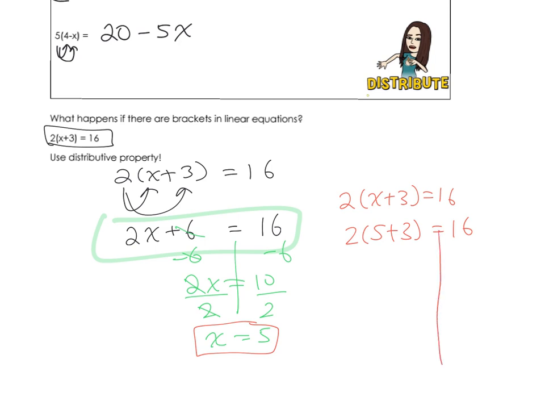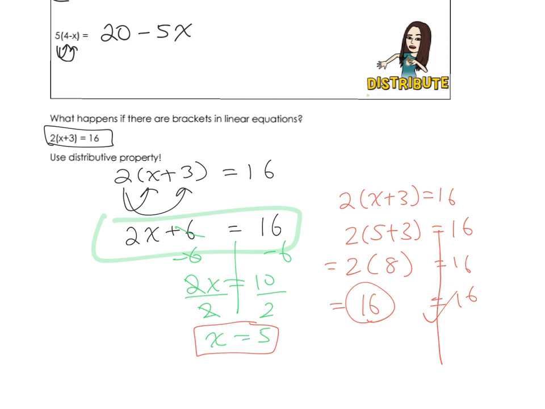So solve the left side. When we solve expressions like this, we follow BEDMAS and apply brackets first. So we have 5 plus 3 is 8, and then 2 times 8 is 16. 16 is what I have on the left side, and 16 is what I have on the right side. So they're equal, which means my answer is correct.